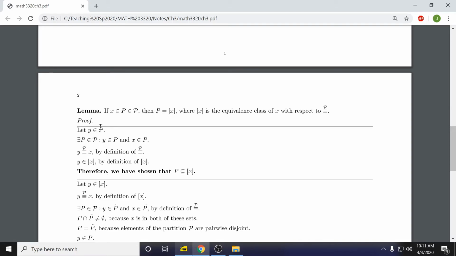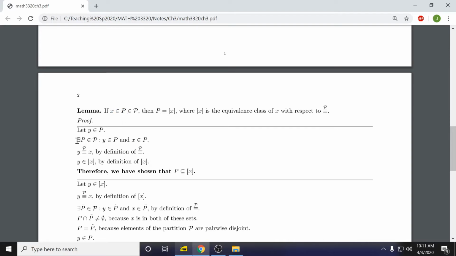So let's go ahead and just let Y be an arbitrary element of P. Now, since Y is in P, that means there does exist a P in the partition such that Y is in P. But the thing is, X is in P also because we've already assumed that up here.